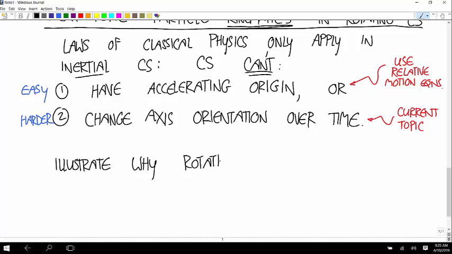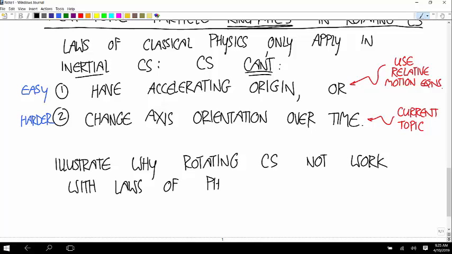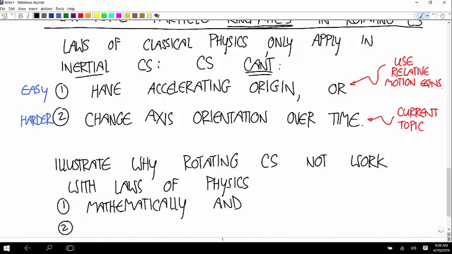So why does a rotating coordinate system not work with the laws of physics? I'm going to do it mathematically, kind of. We'll just identify where the problem is. And also just intuitively.